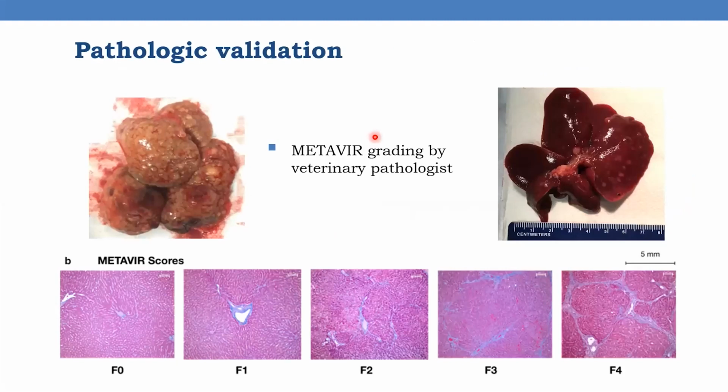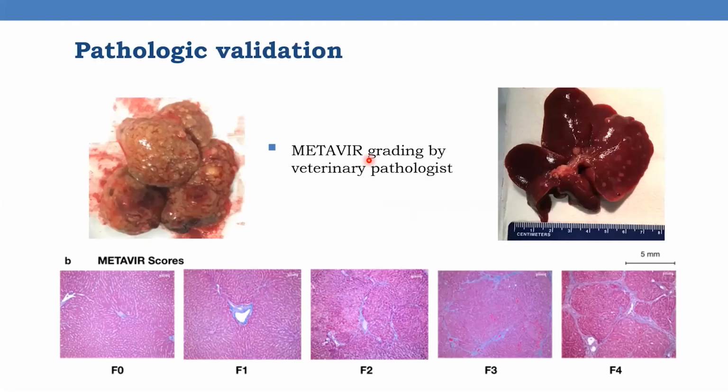So coming to the histopathology validation, again, Metavir grading system is one of the widely used systems. Our vet pathologists that evaluated the slides used the Metavir grading system to assess the liver slides.